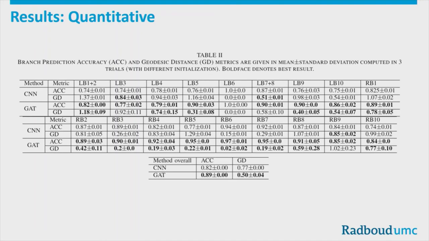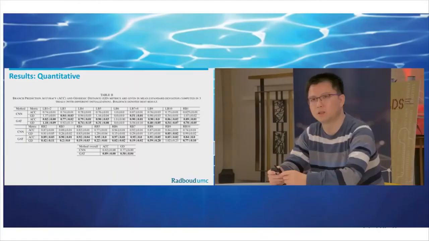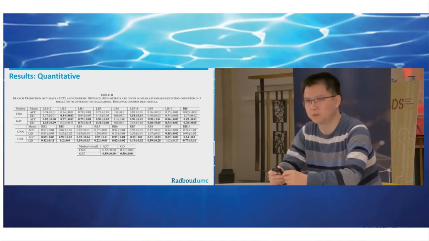First is branch-level accuracy. Another is the geodesic distance, which measures whether we have any critical error in the system. Meaning that if you label the trachea as RB1, for instance, then it's far from the target node, so the shortest distance will be large.